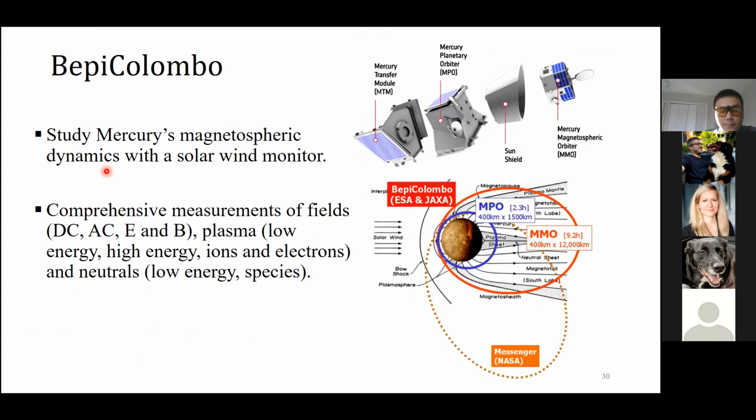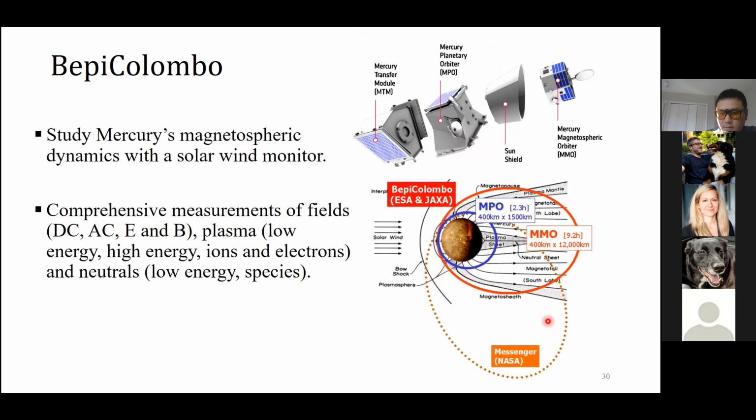The BepiColombo mission contains two spacecraft. One is the MPO, as shown here, the blue line at a lower altitude orbit, which is built by ESA.